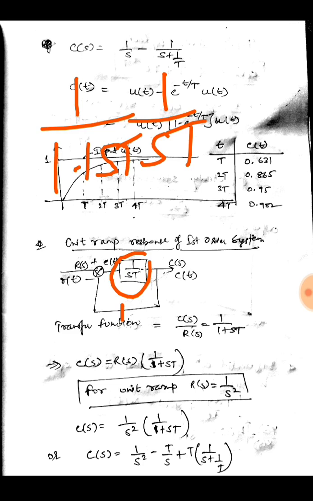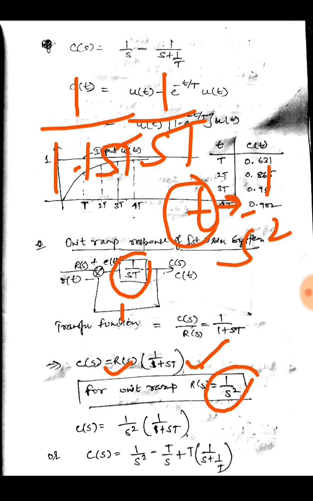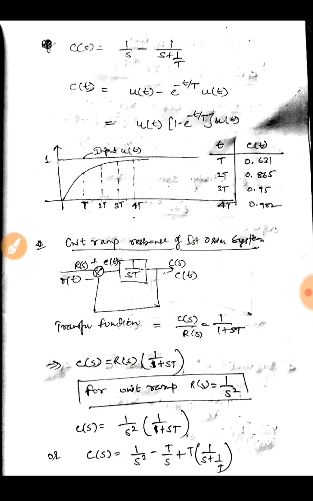So C(s) would become R(s) into 1 upon 1 plus sT as in the last example, but here R(s) is a unit ramp. So for unit ramp, that is r(t) is equal to t, its Laplace transform is 1 upon s square.